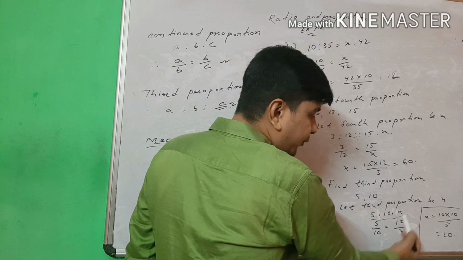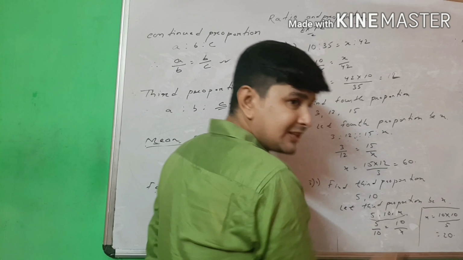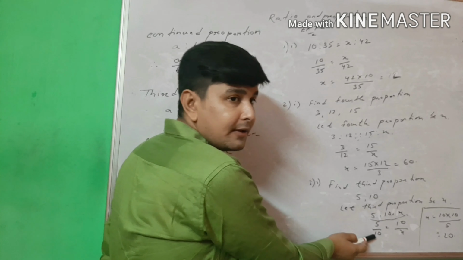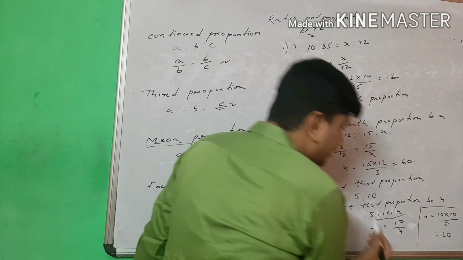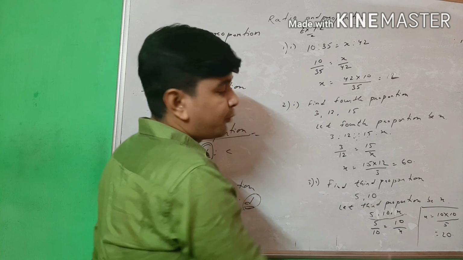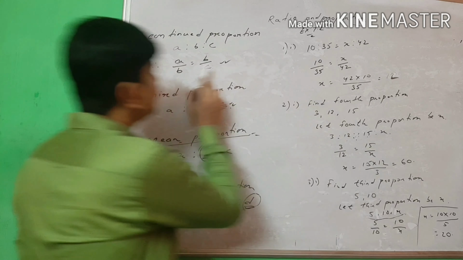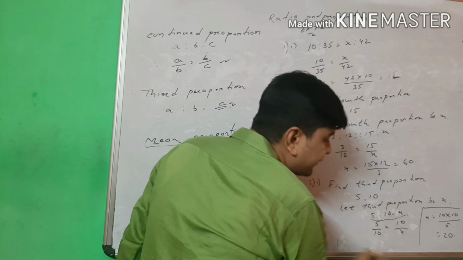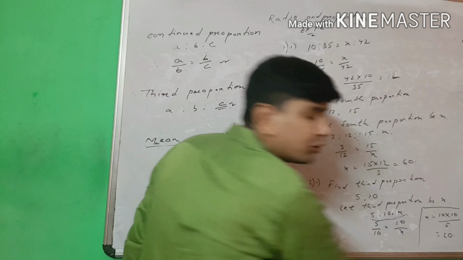Three quantities of the same kind are said to be in continued proportion if the ratio A to B is equal to the ratio B to C, so that's why you write here 5 by 10 equals 10 by x. When we cross multiply, x equals what? 20.